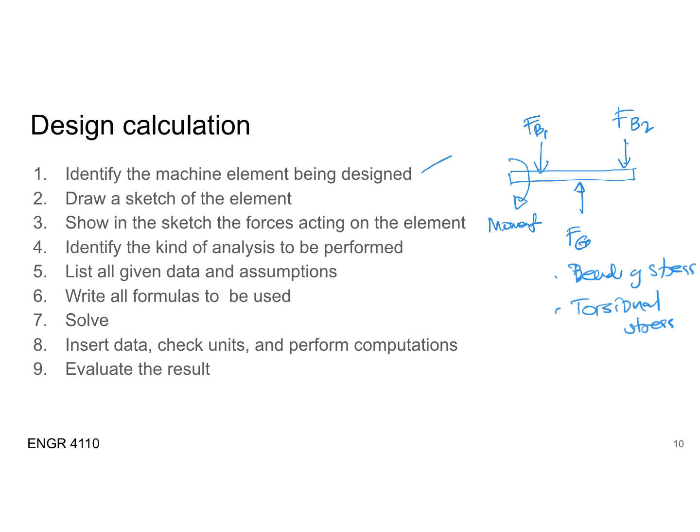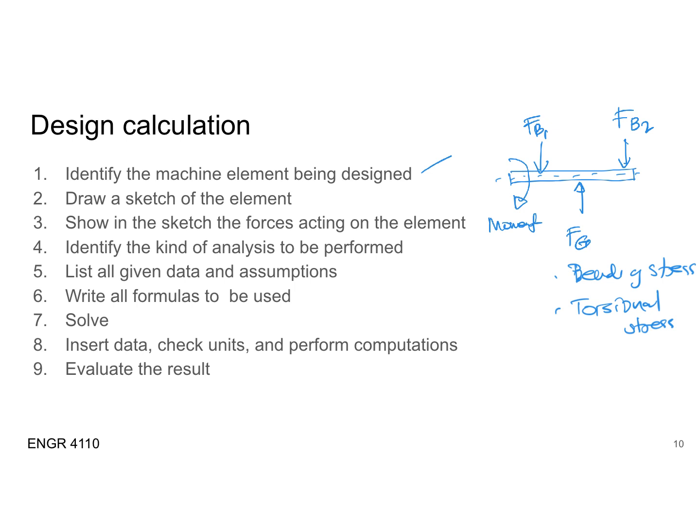Okay, so along the axis of the shaft, we could see that there is no force acting there, so there is no axial stress on the shaft. And then once we have identified the kind of stress, we will do the stress analysis based on the loading, again, the bending stress and the torsional stress.